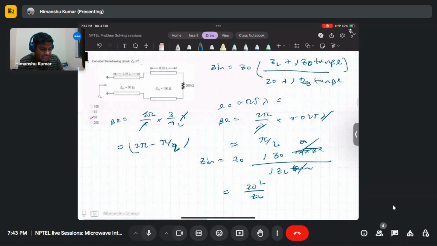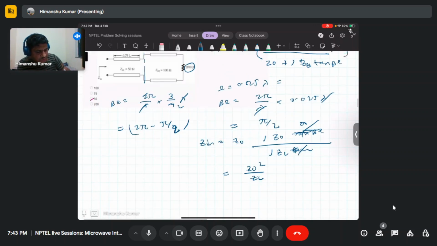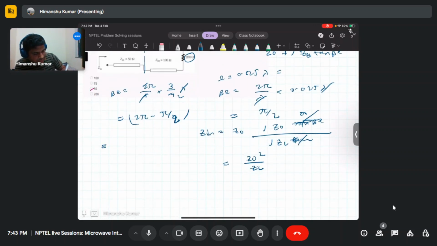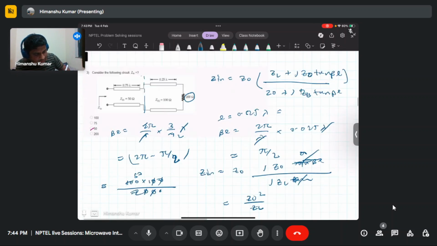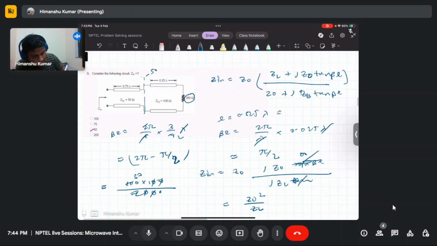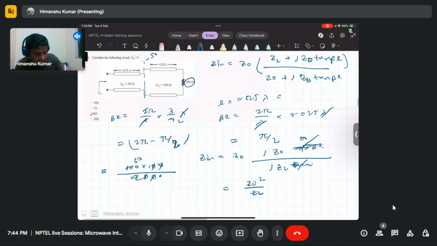The load impedance is given as 200 ohm. So the input impedance here will be equal to 100 multiplied by 100 divided by 200, so this will become 50 ohm. The input impedance here is 50 ohm, and then again you can transfer back to this input.